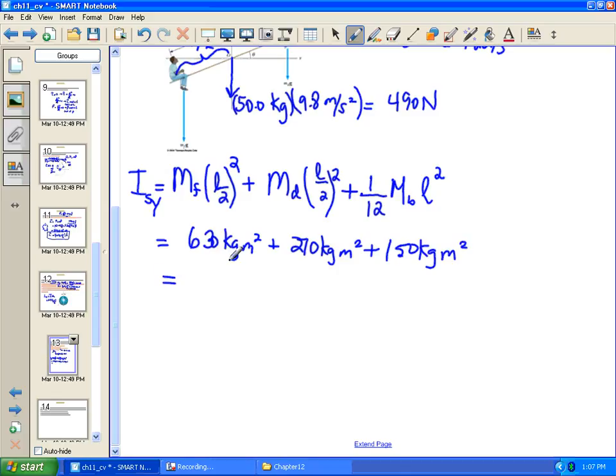So effectively, I of the system is equal to 1,050 kilogram meters squared. Okay, so we have the moment of inertia of the system.